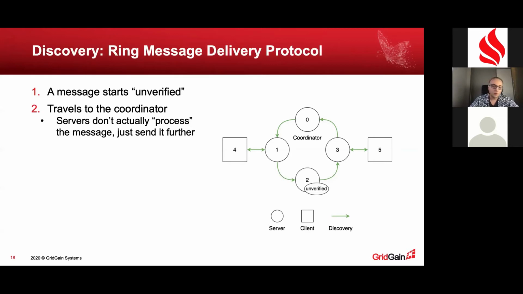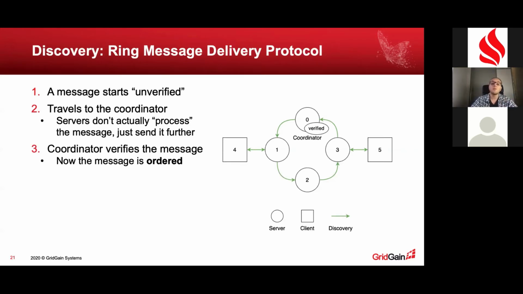The unverified message travels across the ring towards the coordinator. None of the nodes process the message, they just pass it along. Then it goes to 3, then it goes to the coordinator, and the coordinator verifies the message. Verified basically means that the message has been read by the coordinator.